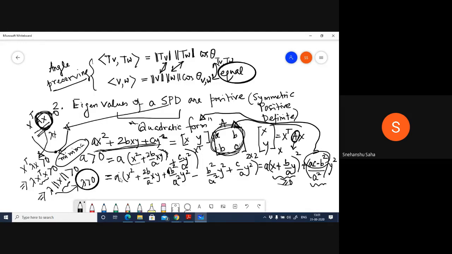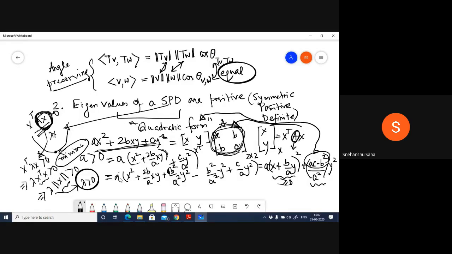That's the reason you need this property: when you decompose the original term document matrix, the middle matrix has to be symmetric positive definite, so that you can extract the singular values, which are all positive, in descending order. Based on the magnitude of the singular values, you figure out which genre is the strongest and which genre is slightly weaker, and so on.